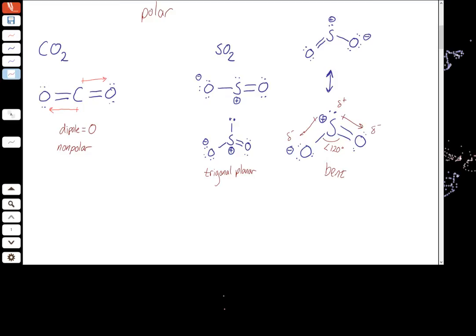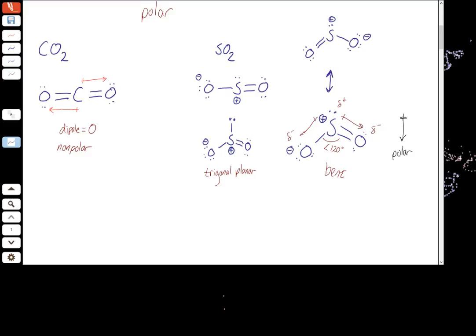So we add those up and we get an overall vector that's going kind of from the top to the bottom. So if we go this way and then this way, we end up with that. And so SO2 ends up being polar in the same way that water does.